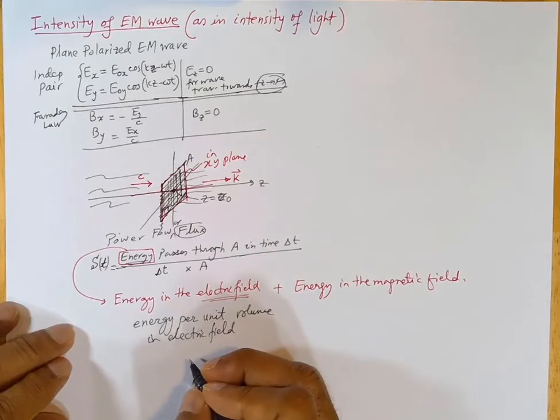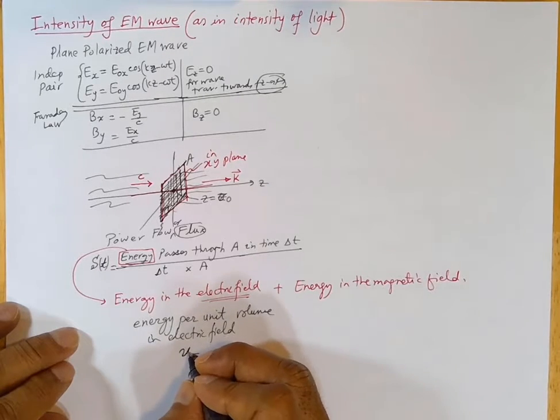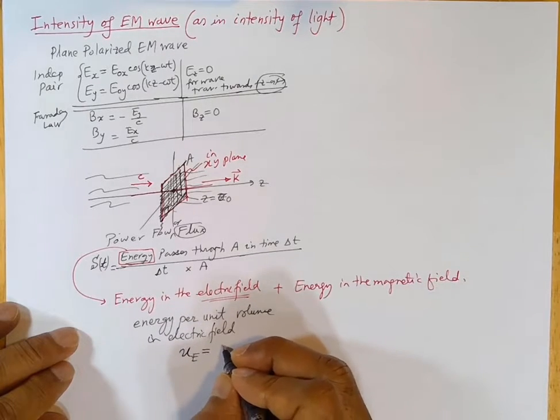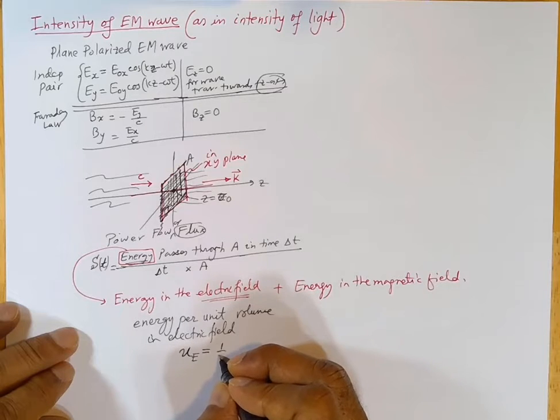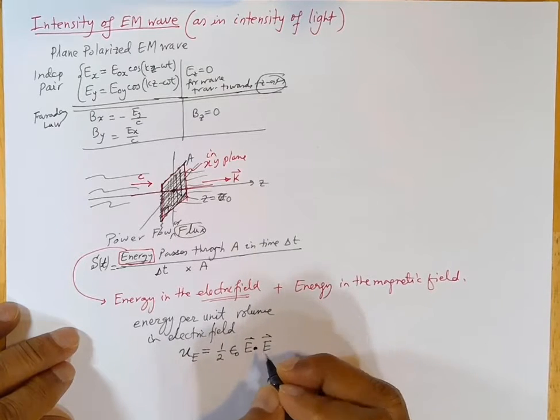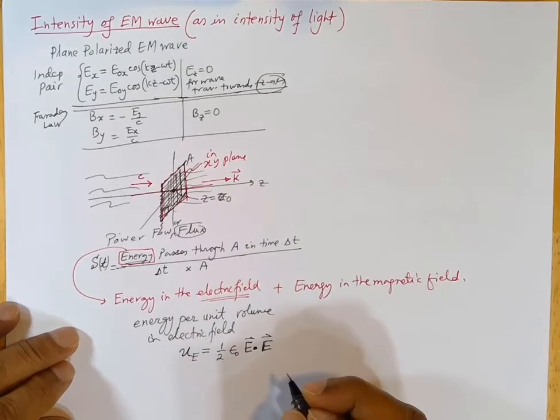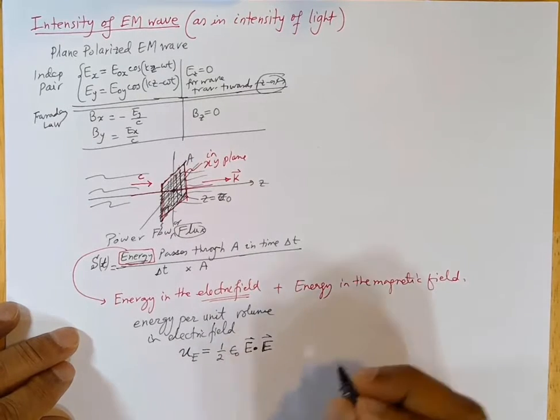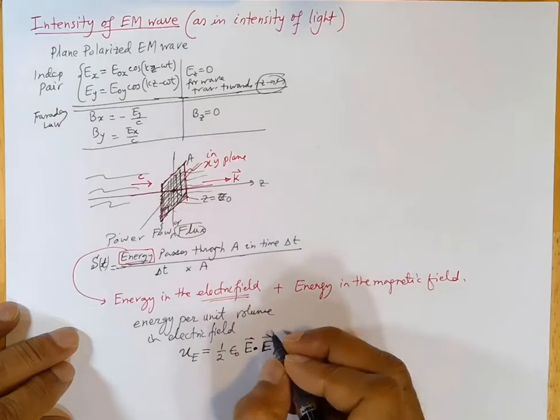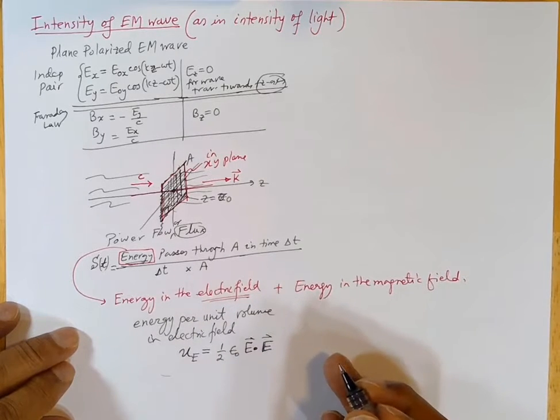It is usually written U sub E equal to half epsilon 0 E dot E. This is a general result that you will learn in an electricity and magnetism course. If I multiply this by a volume, I'll get the energy in the electric field.